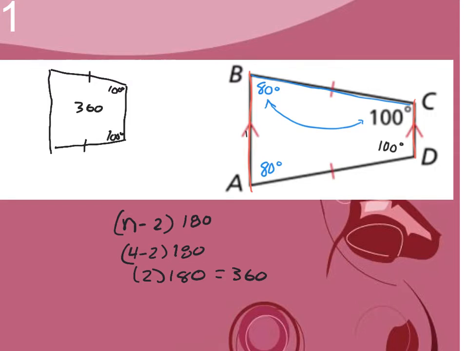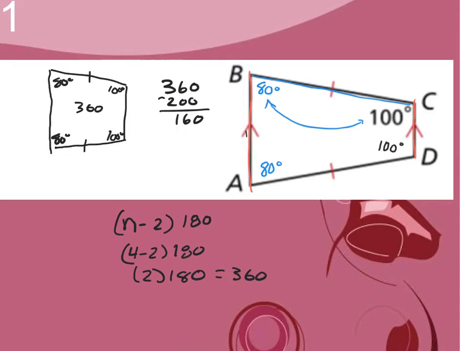How many of those have I accounted for so far? Oh no, 200. I have accounted for 200 of that 360 already, which leaves me with 160 degrees, which I know has to be evenly split between them. So 160 divided by 2 gives me the remaining 80 degrees and 80 degrees.